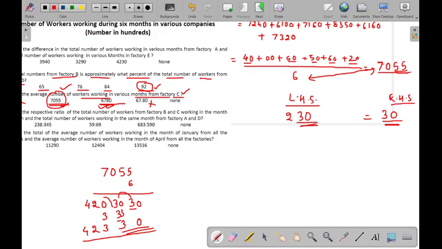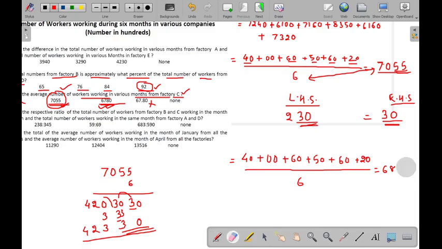If our answer is 6780, then the last two digits should be the same. So I am taking the last two digits of all the values upon 6 equals 6780.